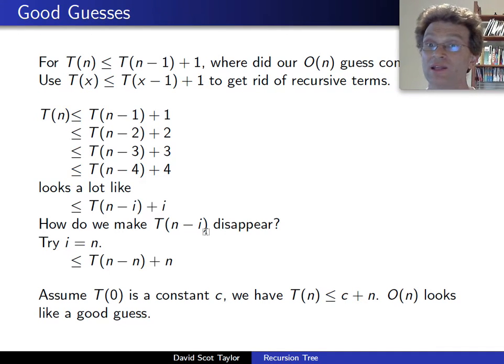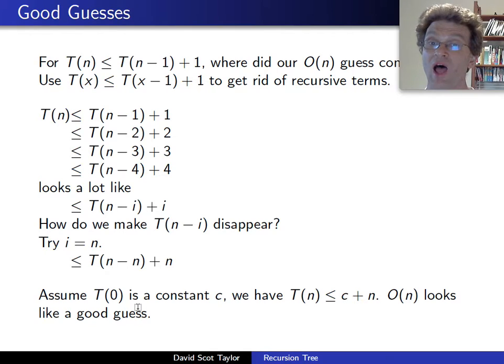Because we're saying this is true for any i. If we set i equal to n, then this equation reduces to T of 0 plus n. Hey, T of n is less than or equal to T of 0 plus n.